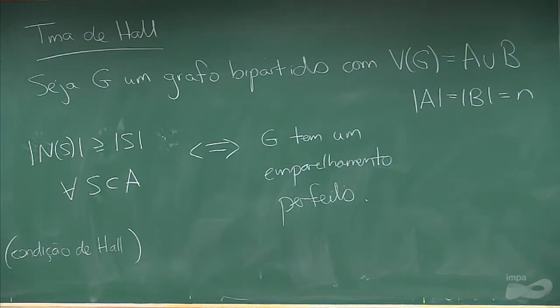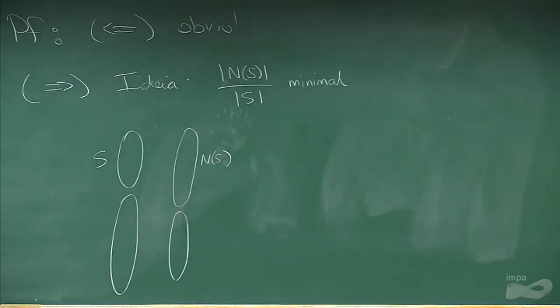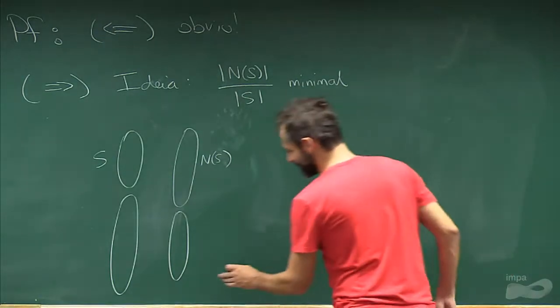Yes, this sounds like a non-crazy idea. So pick some subset with this ratio minimal. Here's S, here's the neighborhood of S, here's the rest.